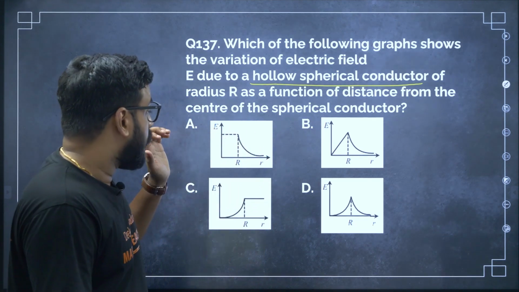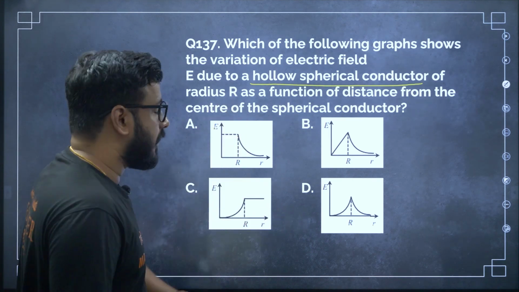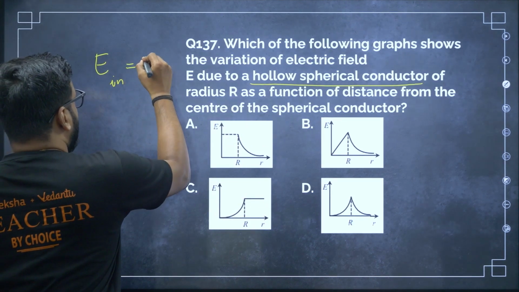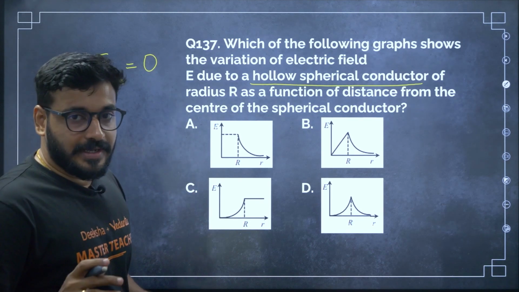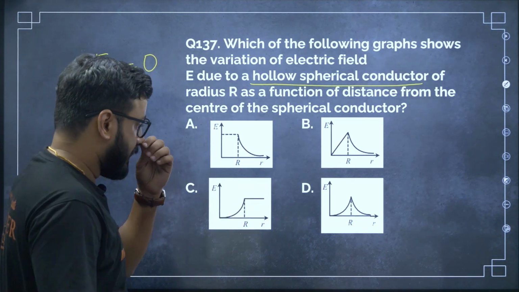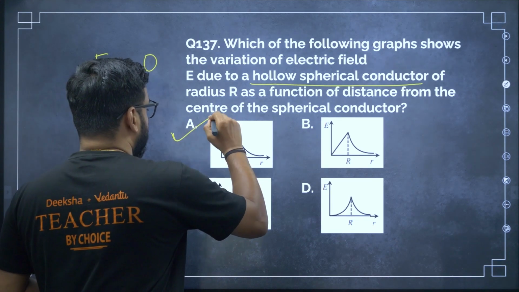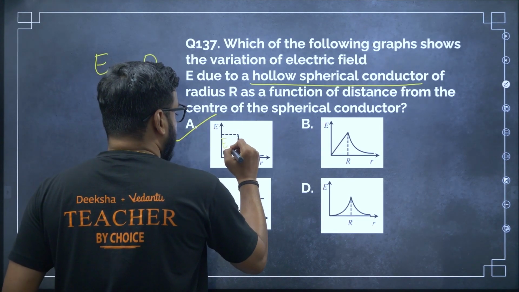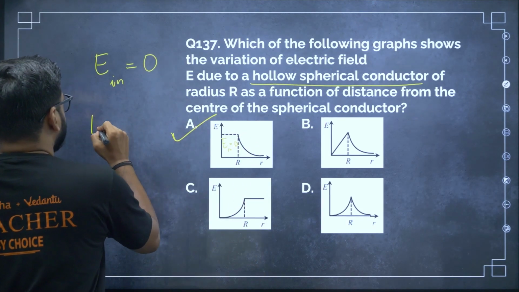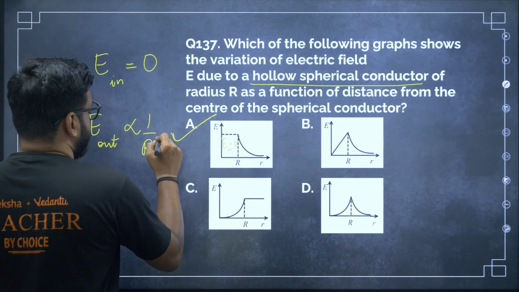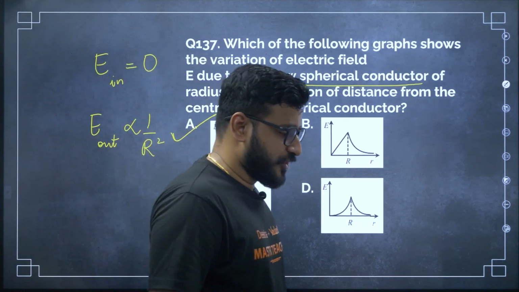So what happens in a conductor? Inside the conductor, electric field is 0, which is very well known. Which of the graphs gives you a 0 electric field inside, for a value less than the radius? It is option A. So in option A, electric field inside is 0, and outside of course it is inversely proportional to r square, just like any other shell.